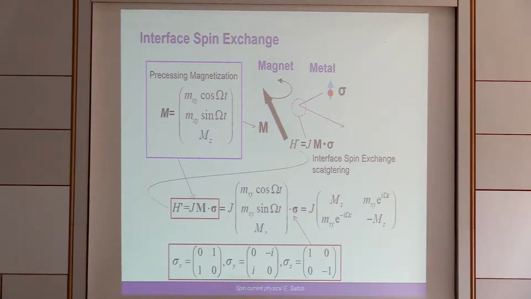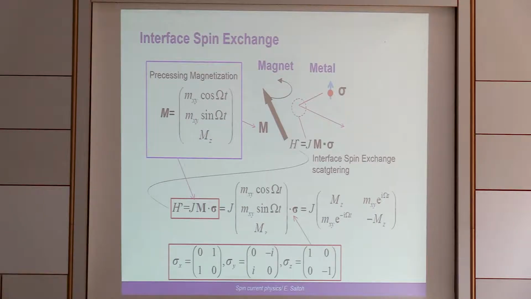And sigma is the free electron spin here, and the free electron spin can be written in terms of Pauli matrices like this. So spin exchange m dot sigma here, by using Pauli matrices, can be written in this matrix form.